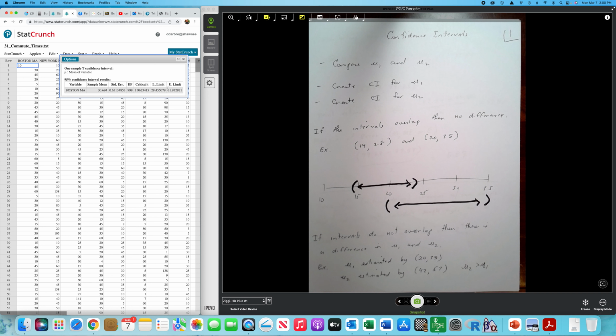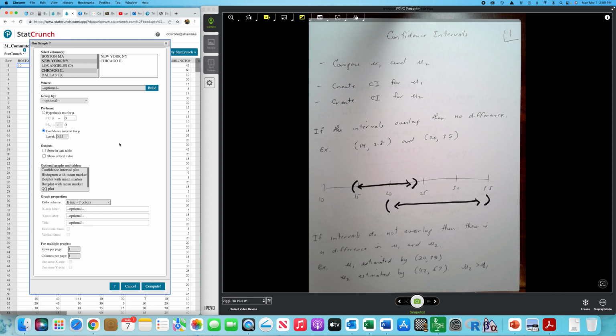Now, let's say I'd like to compare New York and Chicago. So I'm going to go to T-Stat, one sample with data, and I'm going to select New York and Chicago. Select my confidence level.